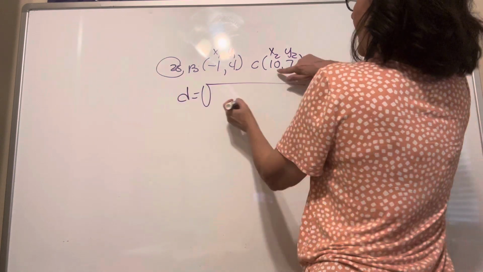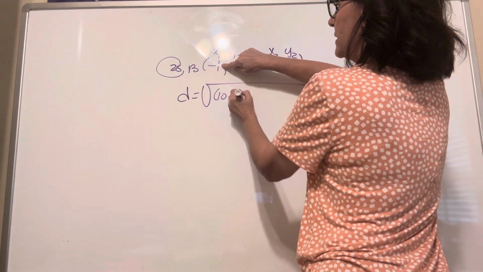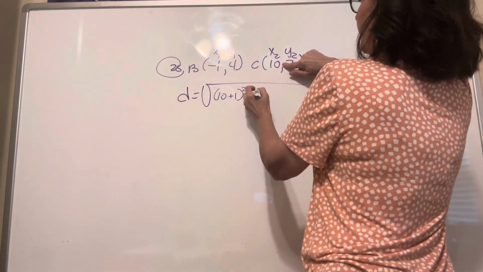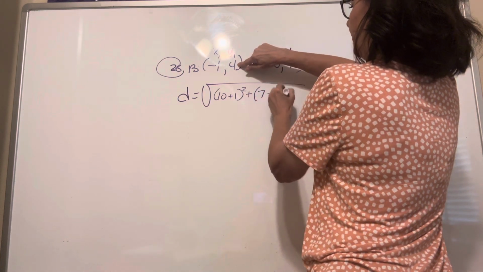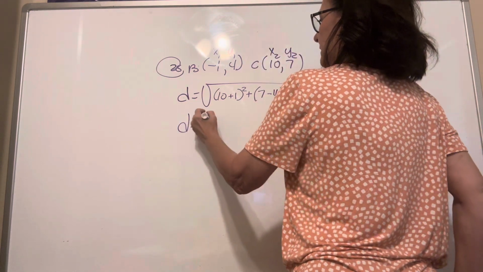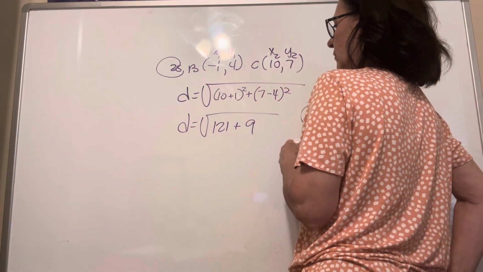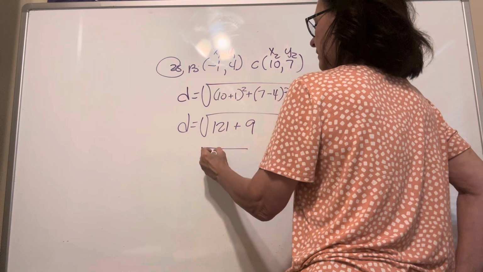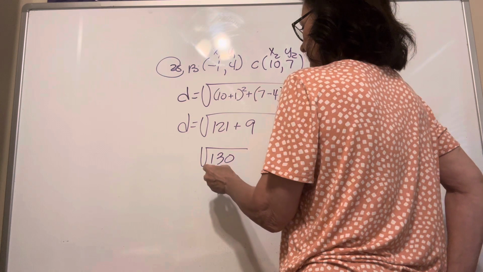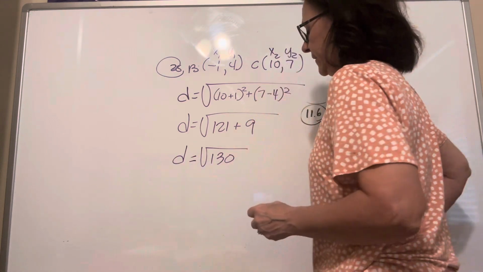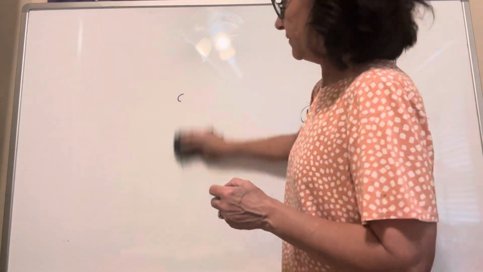Distance is the square root of X2 minus X1, minus a negative is plus, squared, plus Y2, 7 minus Y1, 4, squared. So that's 11 squared, that's 121, plus 3 squared, which is 9. So that's the square root of 130. Let's see if we can simplify, that's 10 times 13. I think that's the final answer. It can't be simplified.